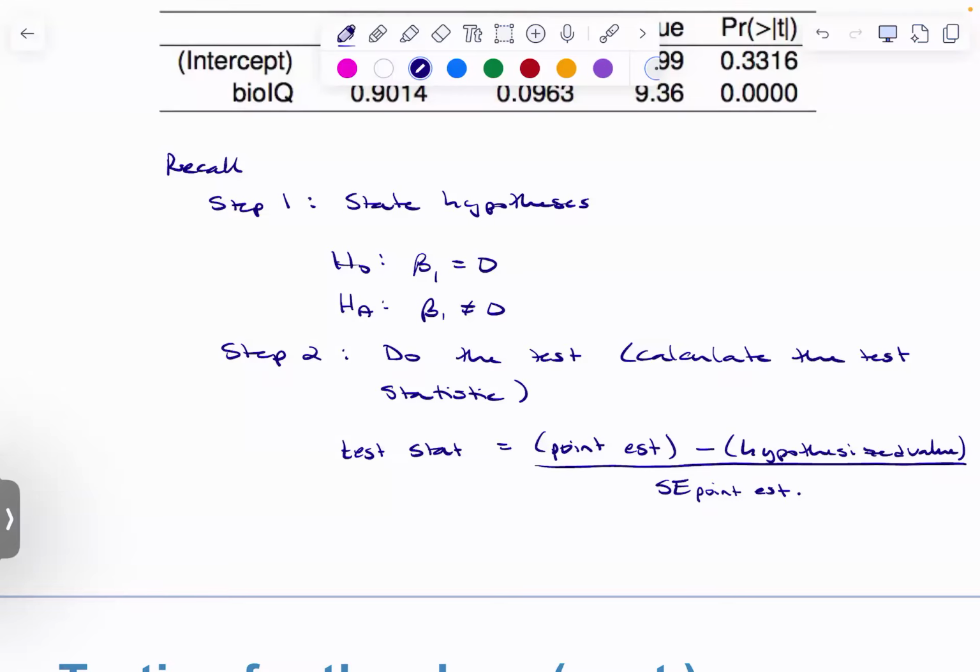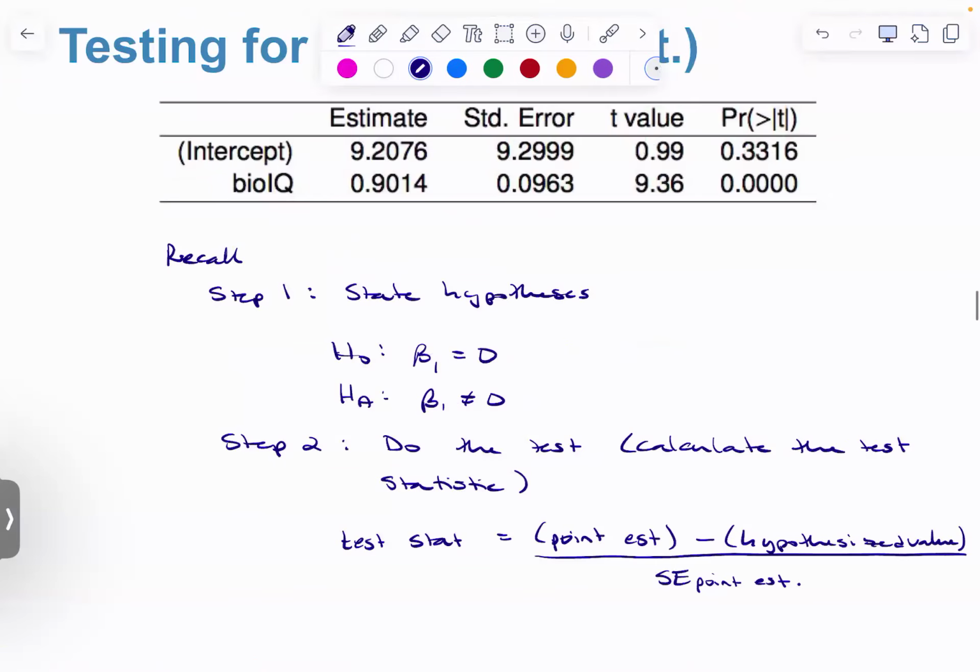What's nice is with our regression output, we get our point estimates and we're focusing on our slope. We also get the standard error of the point estimate. They've also calculated our t, which is our test statistic. What's really neat is we know how t behaves, right? We need to know the degrees of freedom, which we're not going to dive into, but it's in the slides. But just know that it follows a t distribution.